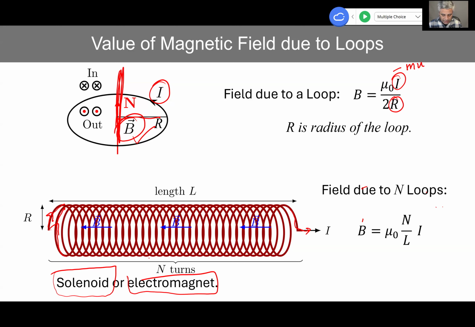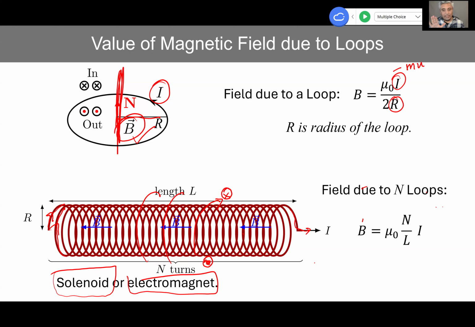Looking overall at the side of the coil that is closer to us, the current is coming out from the lower side and going in from the upper side. So that's how the current is looping in this coil.